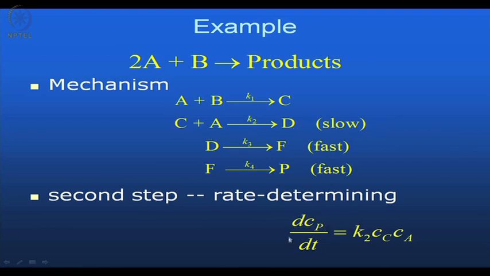So, the overall rate of the reaction will depend on the concentration terms involved in this particular elementary step. It does not really matter whether the others are still faster or a little fast, but this is the slowest one.